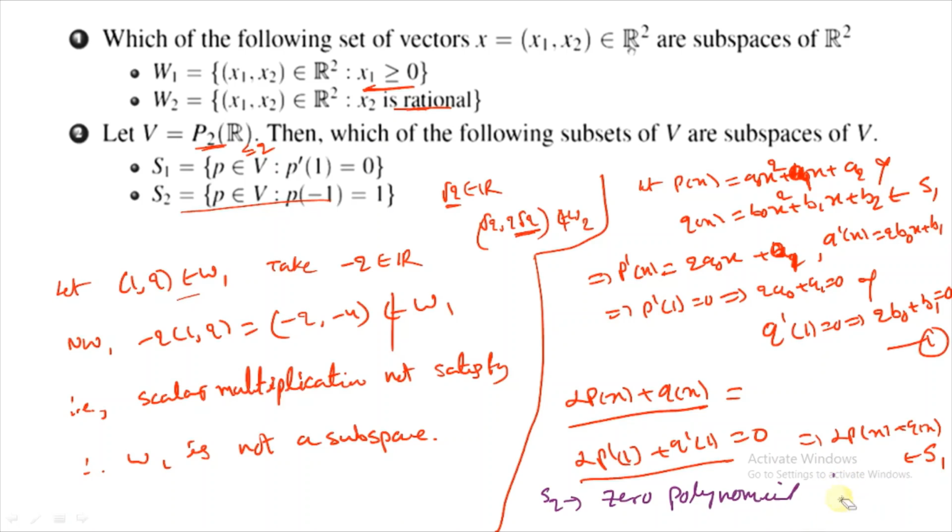A polynomial in S2 must satisfy that condition, so the zero polynomial should also satisfy it.